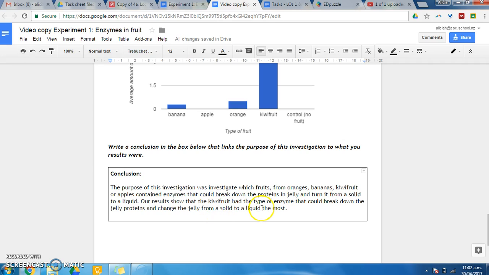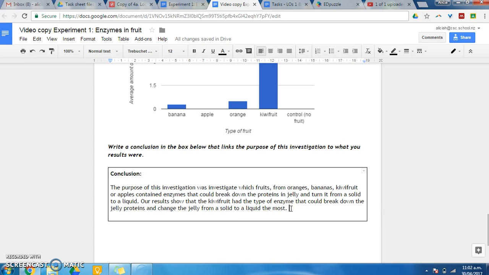So we have to make sure that we include some of the words from the purpose. So we've included the word enzyme, which was in the purpose here, and we've included jelly proteins, which was in the purpose, proteins in the jelly, and also what it was that we were looking at, so changing it from a solid to a liquid.